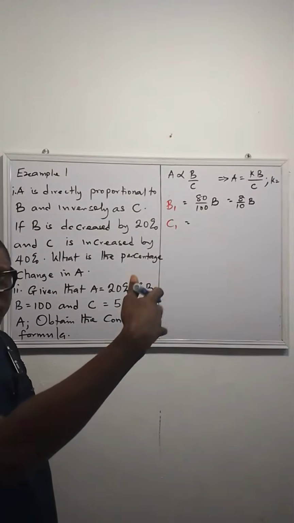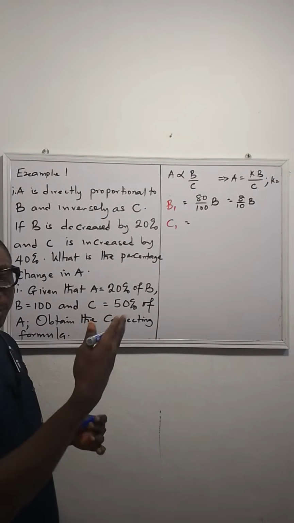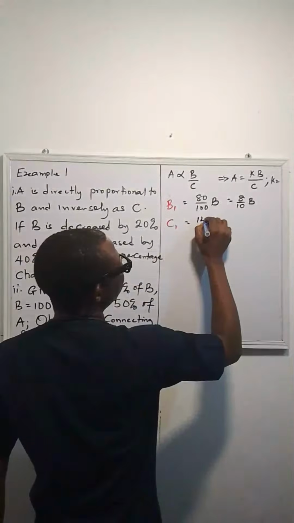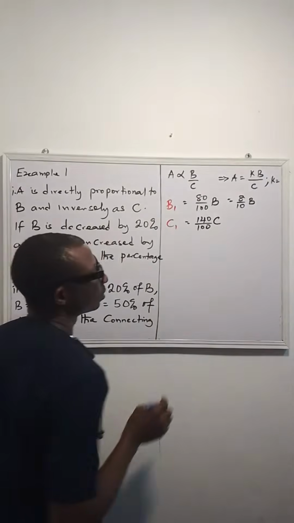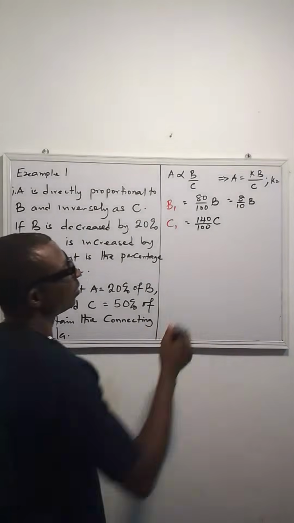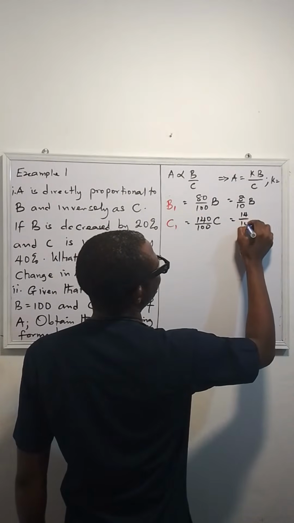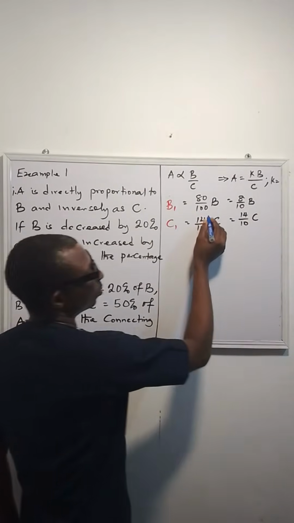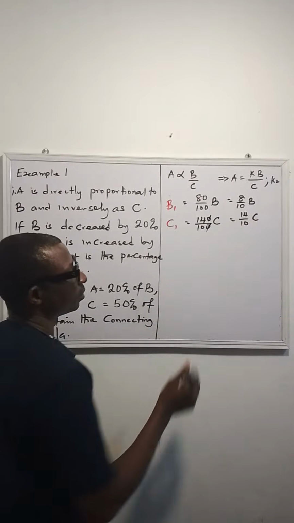Initially it is 100 over 100, so once it is increased by 40, you have 140 over 100 C. And that is the same thing as 14 over 10 C.